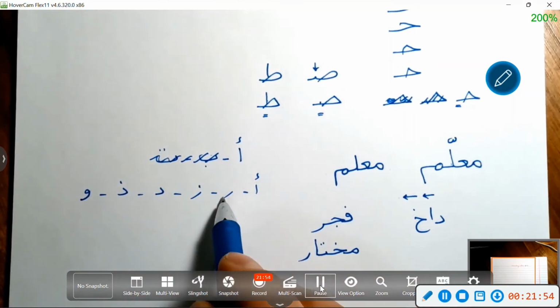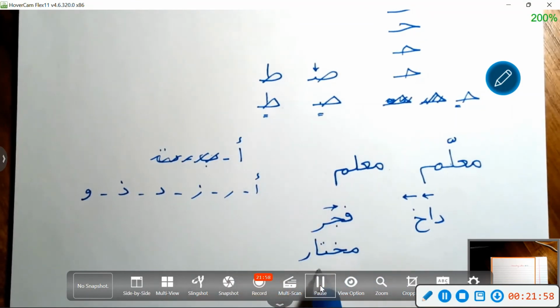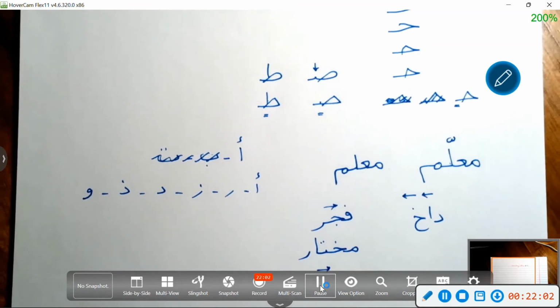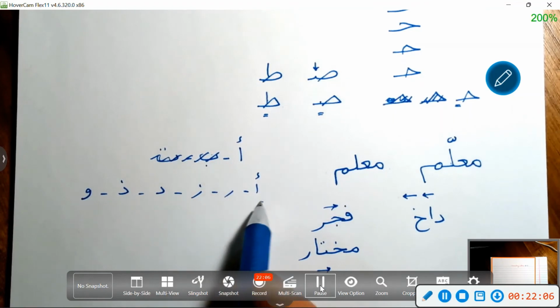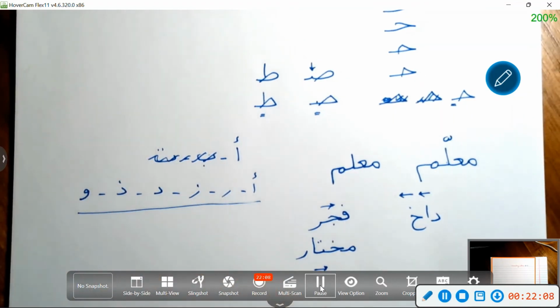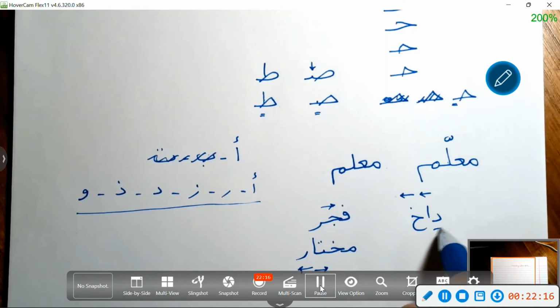If you see here the ra, it's connected to the jim. The alif connected to the ta. So there is no problem with connecting the letter from the right side. The problem is these letters don't connect to the left side. So if you see alif didn't connect to the letter after it, and here dal didn't connect to the letter after it. So they only connect to the letter that comes before them, not after them.